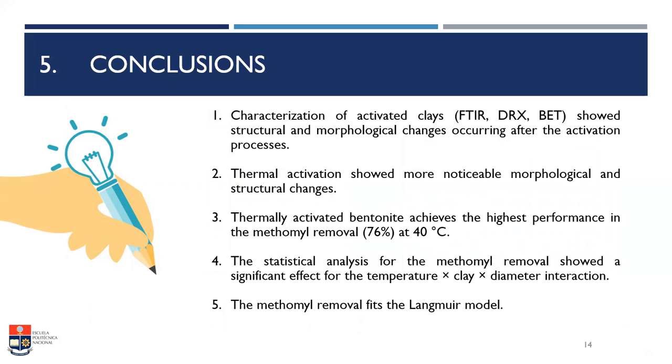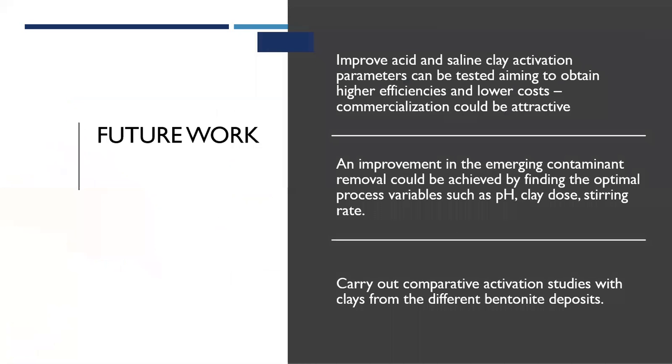Working at 40 degrees Celsius, we were able to achieve removal efficiency around 75%, as I said before. Our results fitted the Langmuir model, which is also very common compared to some previous studies by different authors. And we believe that these results are very promising.